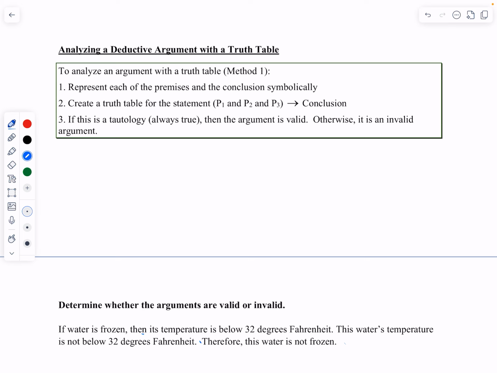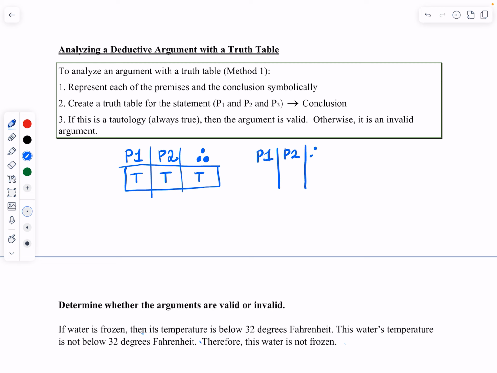What they mean is, for instance, if I have premise 1 and premise 2, and I have a conclusion, which I'm going to write with the therefore symbol, P1 has to be true, P2 has to be true, and the conclusion has to be true. If P1 is true and P2 is true, and I have a false conclusion, then the whole thing is invalid.